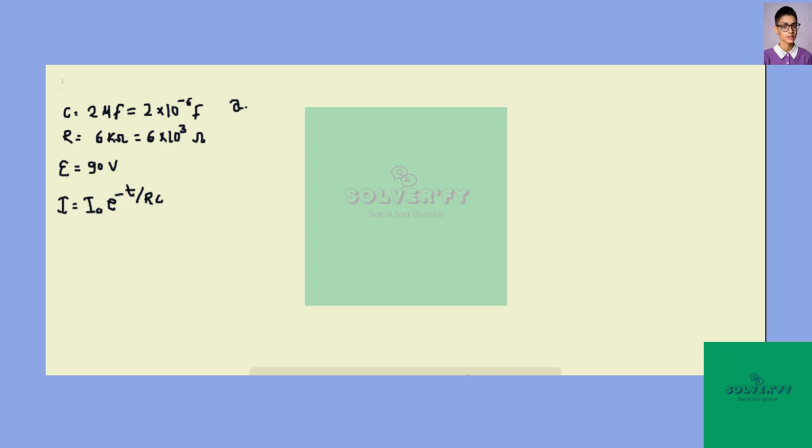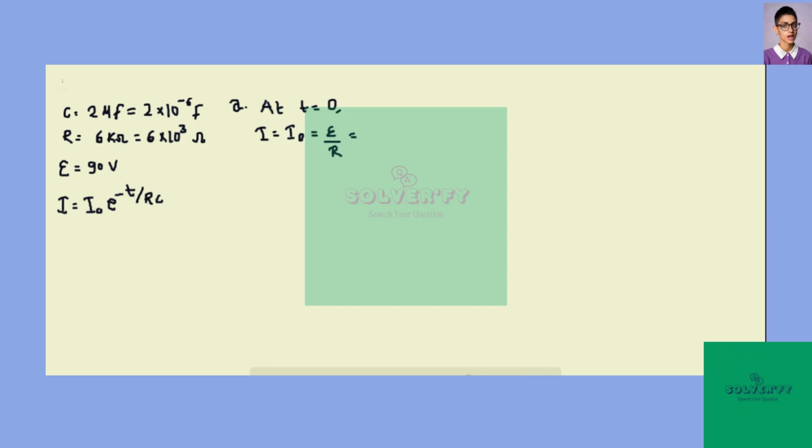So at t equal to 0, I is equal to I naught. Now that is the maximum current that flows, which is equal to E upon R, considering that no current flows through the capacitor at the beginning, right?